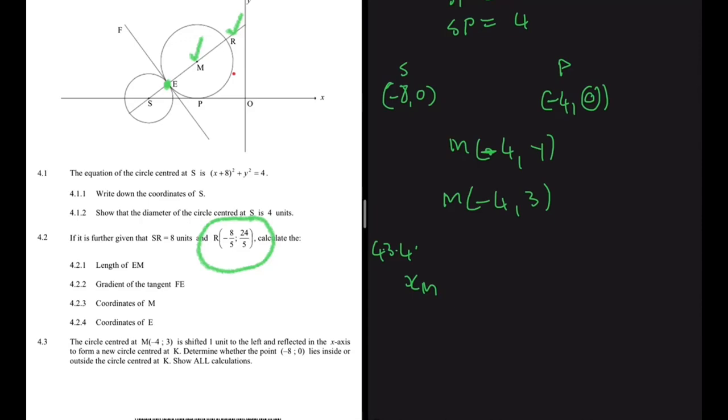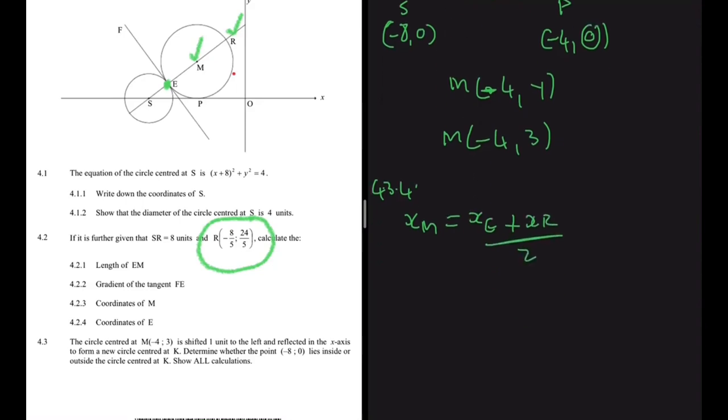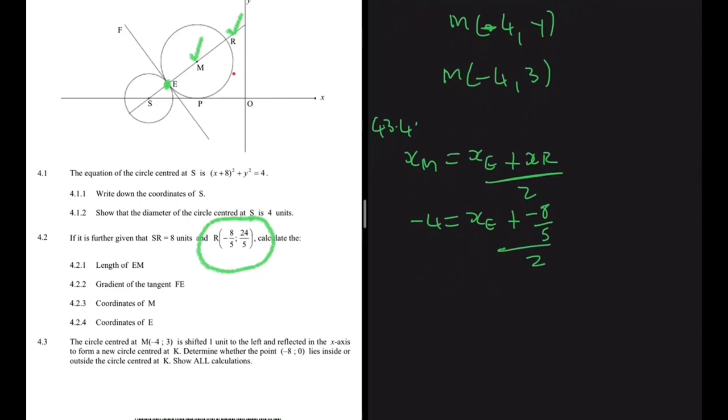So we can say x of M is x of E plus x of R, divided by 2. But we know x of M fully well. That is minus 4, right? So we have minus 4 being x of E plus x of R, where x of R is minus 8 divided by 5, and then everything divided by 2. You cross multiply, you get minus 8 is equal to x of E minus 8 divided by 5.